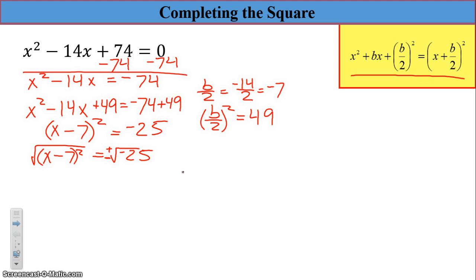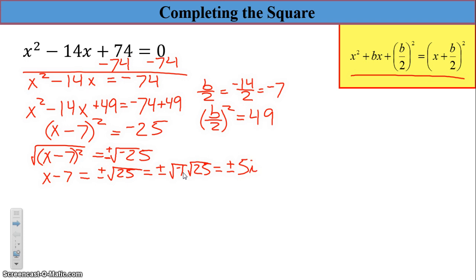On our left side, that leaves us with x minus 7 equals plus or minus the square root of negative 25. And that is equivalent to plus or minus the square root of negative 1, I'm going to pull that negative 1 out, times the square root of 25, which is equivalent to plus or minus 5i.